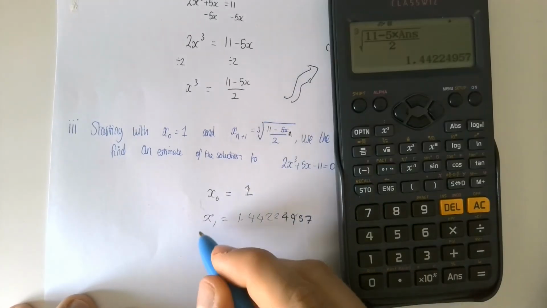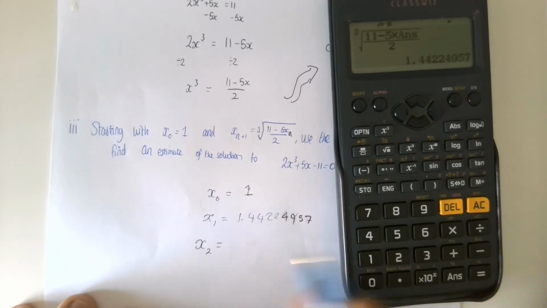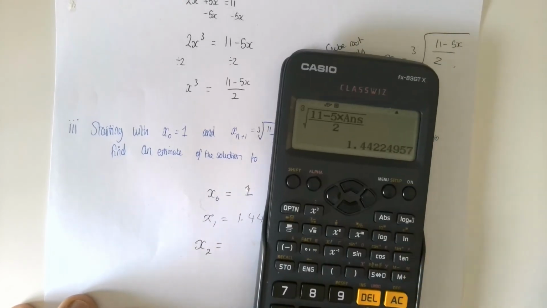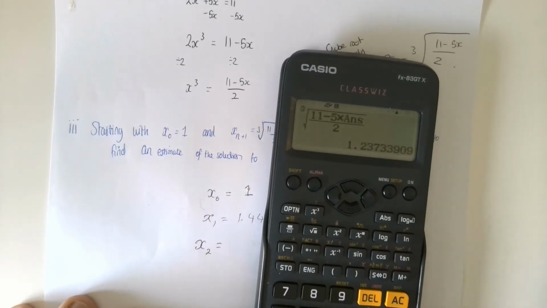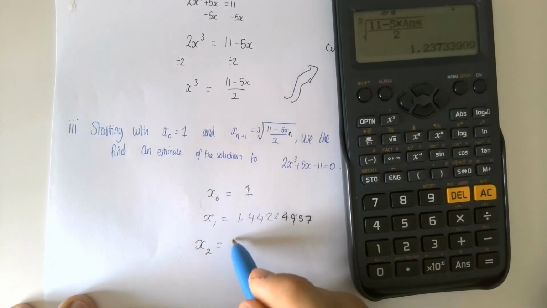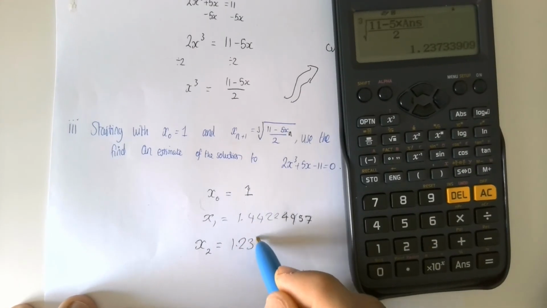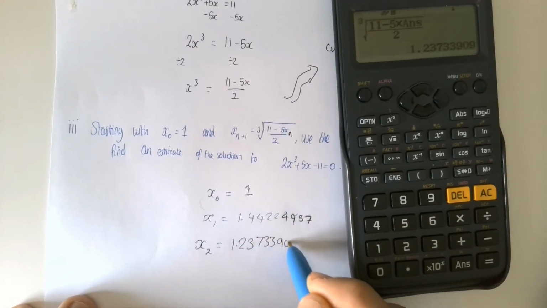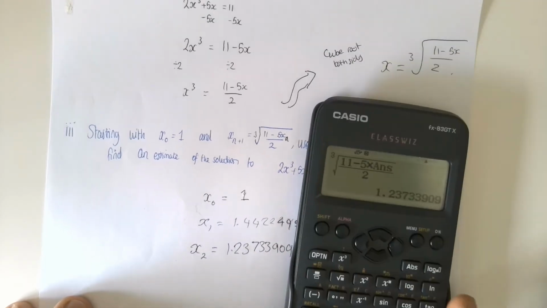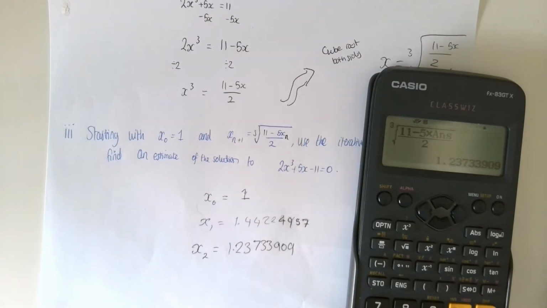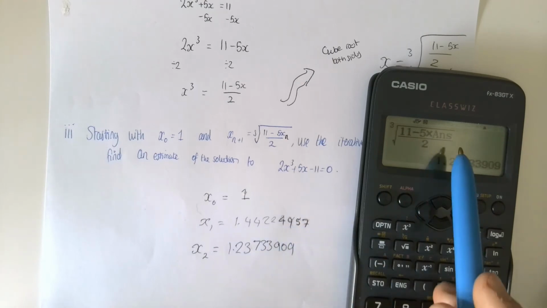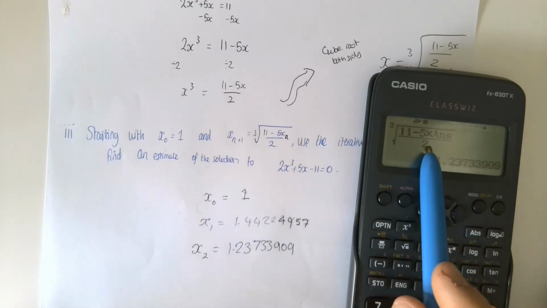Make sure you write it down. And then the second iteration of it, press equals again, gives me 1.237333909. So it just takes the last answer and then does all of these mathematical processes to it.